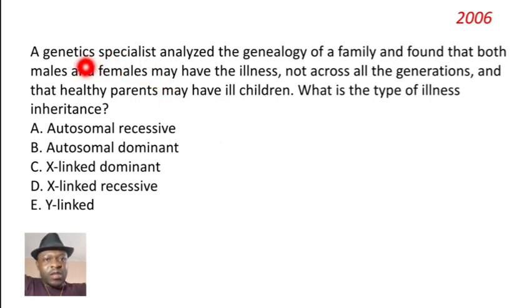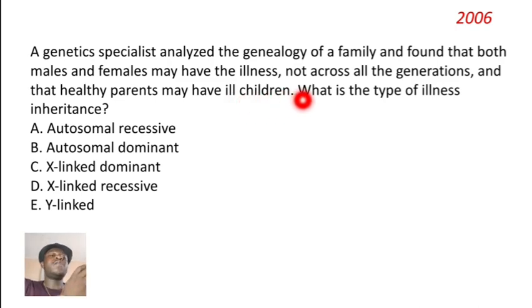A genetics specialist analyzed the genealogy of a family and found that both males and females have an illness. So if both males and females have the illness, it means it's not sex linked, right? And not all generations are affected, and healthy parents have ill children.